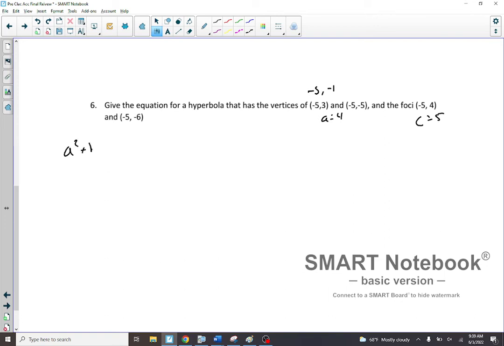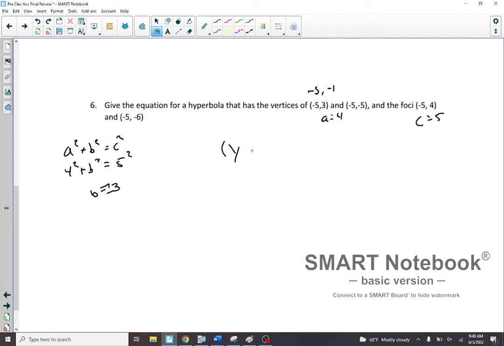So a squared plus b squared equals c squared. 4 squared plus b squared equals 5 squared. A little bit of algebra. B equals plus or minus 3. So since the vertices are on the y value, we know the y is going to be the first thing here.